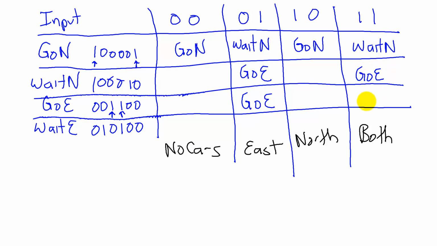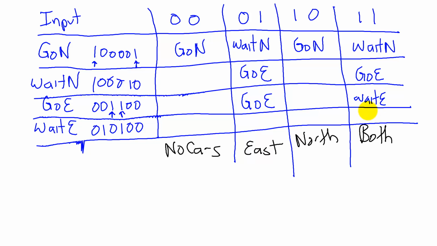And then after go east it'll go wait east. And then after wait east it will go back to go north again. And so for this particular input case of 1, 1, we will see it cycle through here, allowing cars to go east, and then allowing cars to go north and repeating back again.